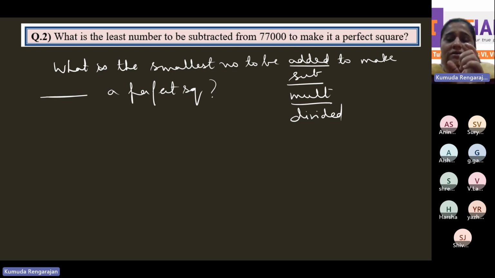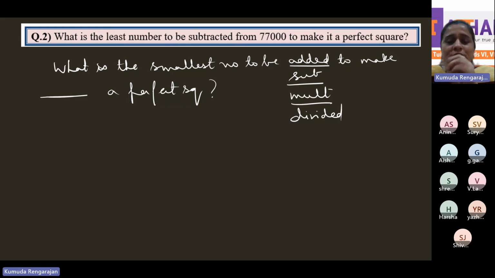You will be asked to find the smallest number that is to be added to the given number so that the sum is a perfect square.